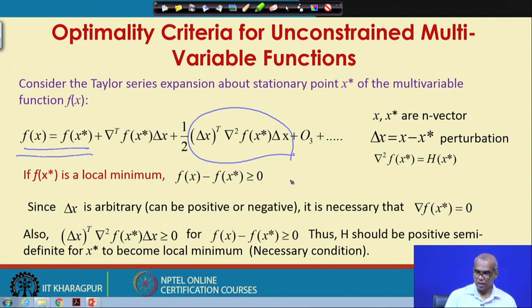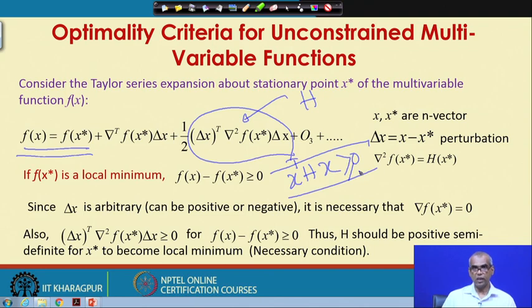So, this is like x transpose H x greater or equal to 0, that is the requirement. Note that this is nothing but the Hessian. So, if you remember, x transpose H x greater or equal to 0 is the requirement for the Hessian H to be positive semi definite.